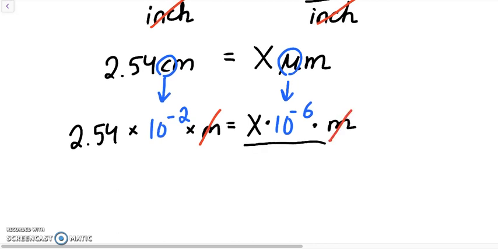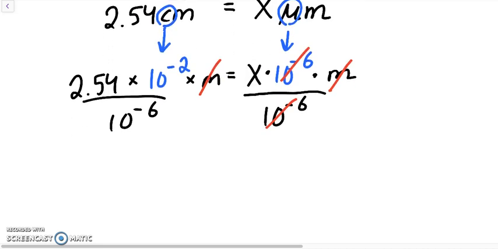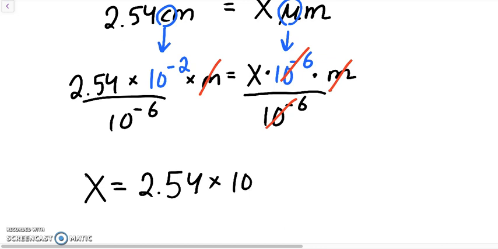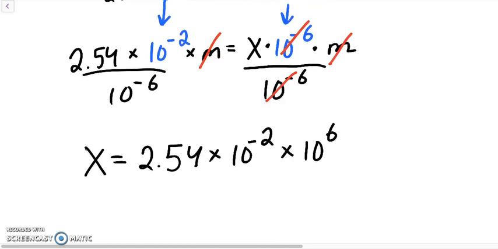Now I want to isolate this x, and I'll do that by dividing both sides by 10 to the negative 6. Gets rid of this, gets rid of this. So now let me skip a step, and I'll bring that denominator to the numerator by switching its sign. 10 to the negative 2 times 10 to the positive 6.